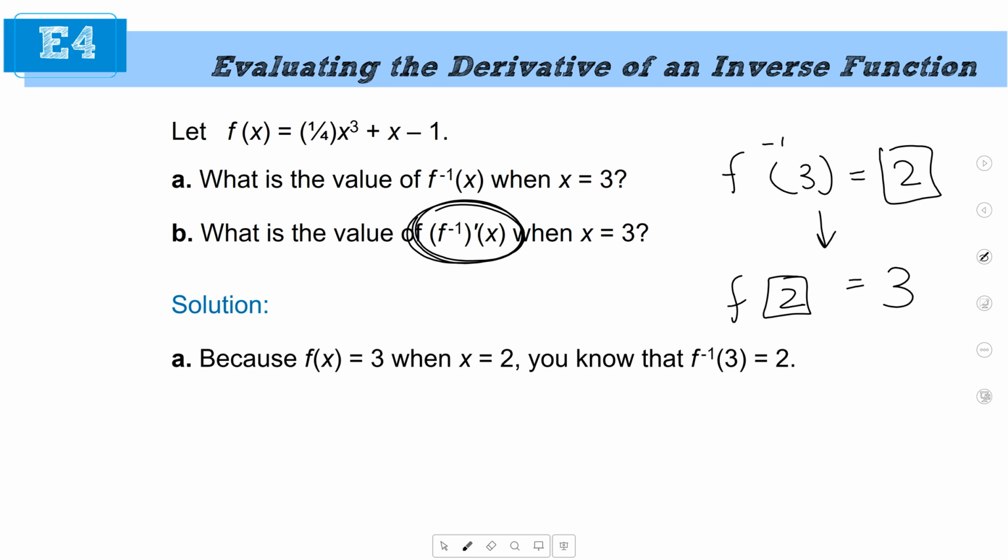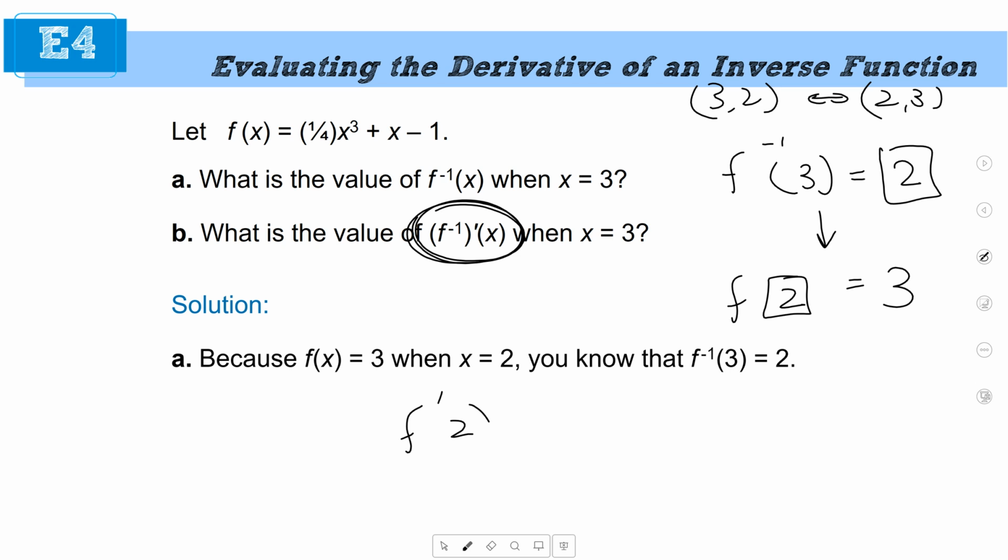So I'm going to change the problem completely. I'm just going to ask myself a simple question: what's the slope of the tangent line of the function when x equals 2? Because these two points, (3, 2) and (2, 3), correspond between the function and the inverse. Once you understand that, then it's easy.